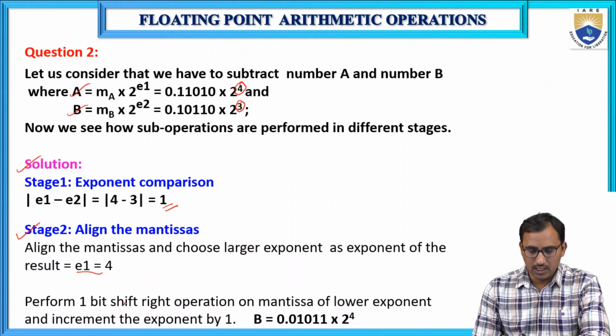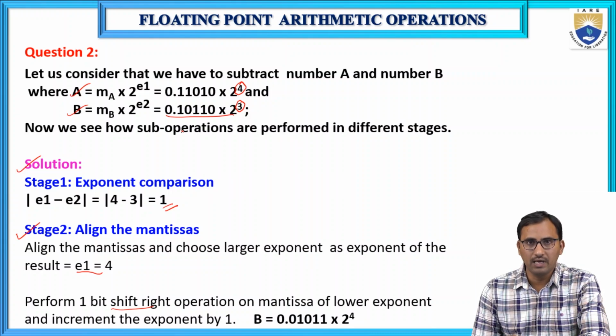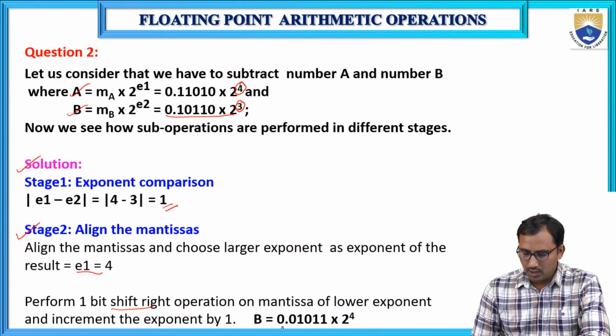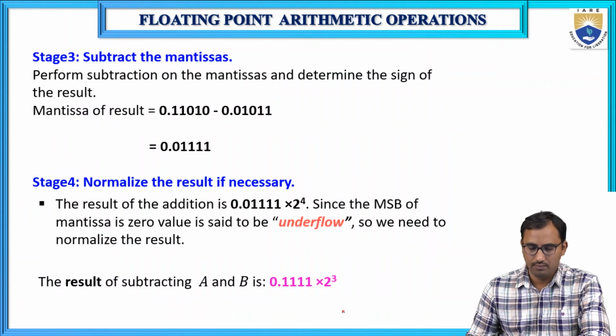So perform a 1-bit shift right operation on the mantissa of the lower exponent number and increment the exponent by 1. So on that number we are performing the 1-bit shift right operation, so that it becomes 0.01011 into 2 power 4.